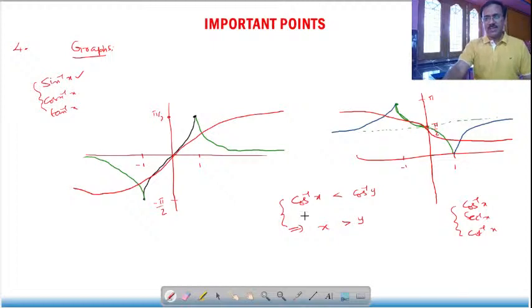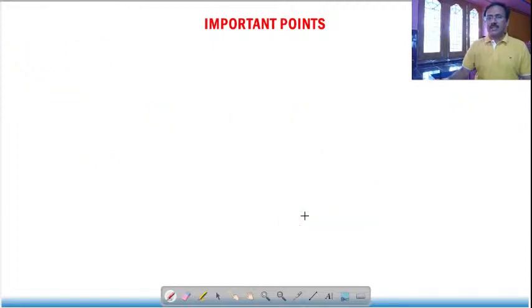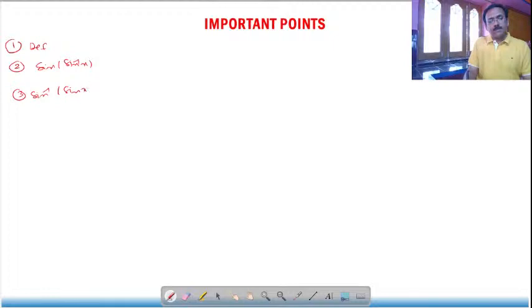Right, dear students? Then next I can say the other properties. You see, so far we have given the definition first, then the computation of sine inverse x kind of, then the third sine inverse of sine x kind of, then fourth one is graphs, dear students.